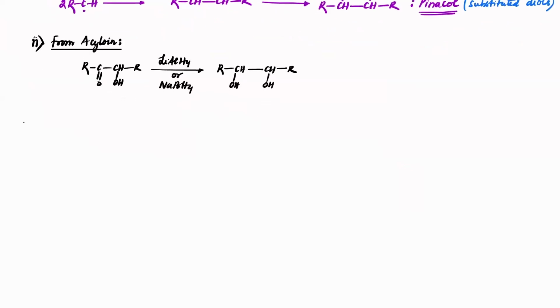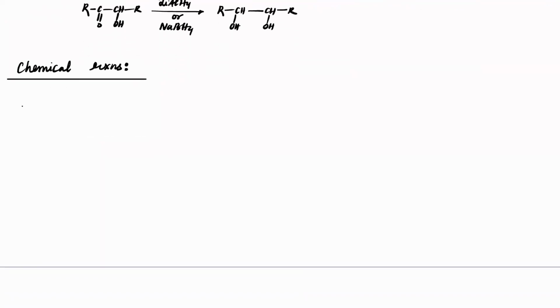Now let's see the chemical reactions of diols. The first one, reaction with PCl5, PCl3 or SOCl2. This we have already learned as a part of mechanism.